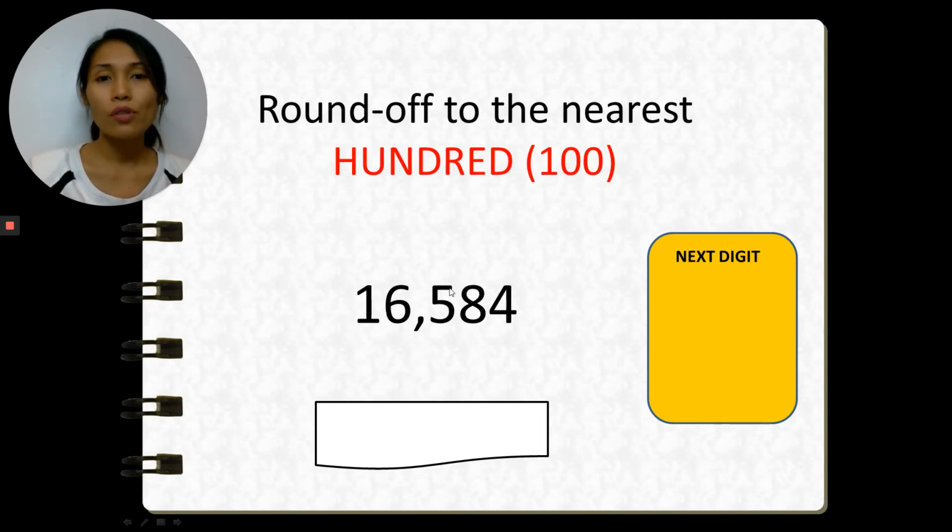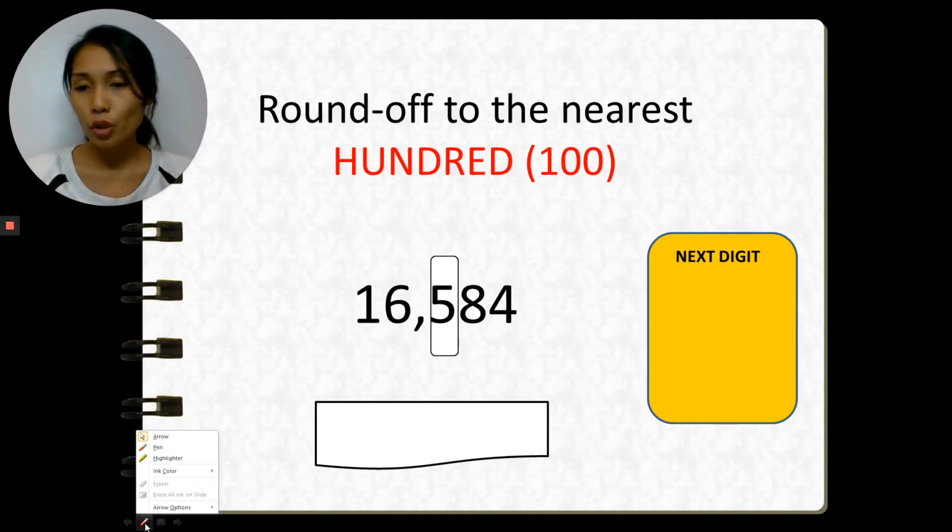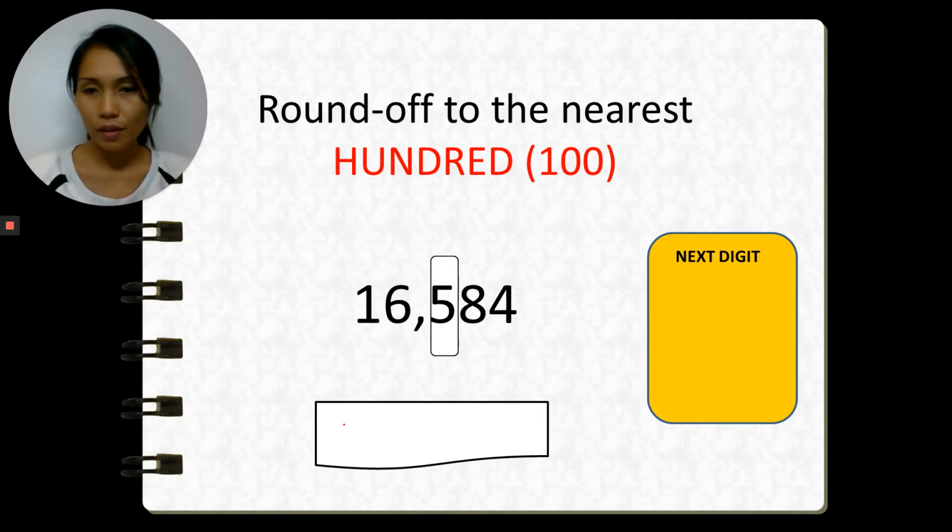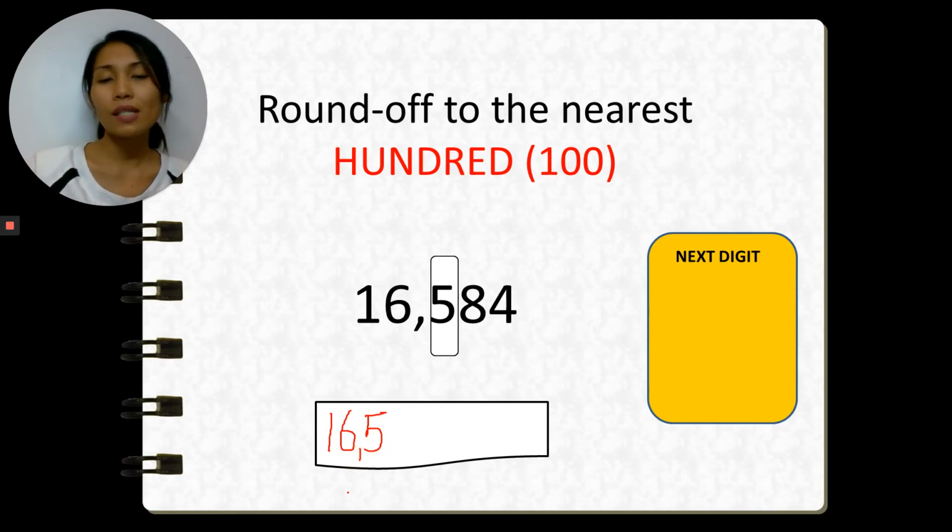So since we have to round off to the nearest hundreds, that means we will round off up to 5. So the first rule is to decide up to what number we should leave. So we will copy 165. Okay, so 16,5. Copy that.